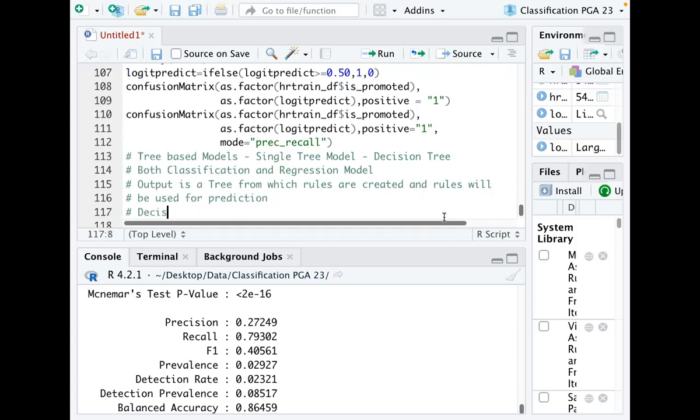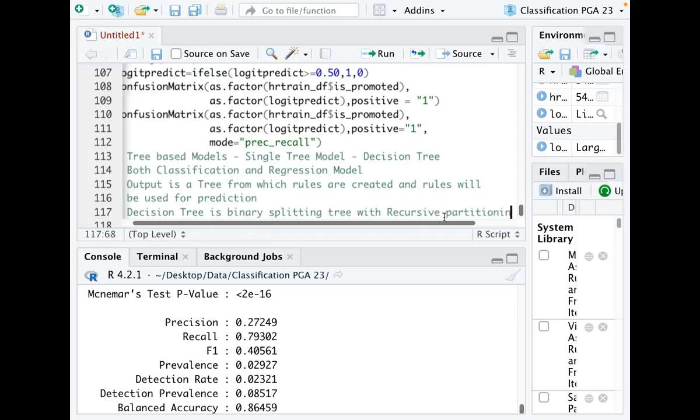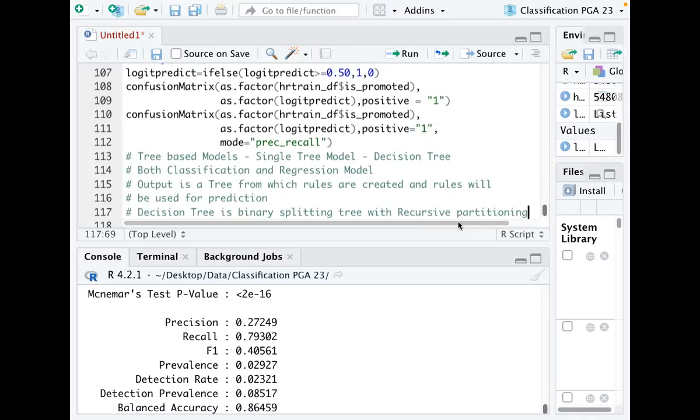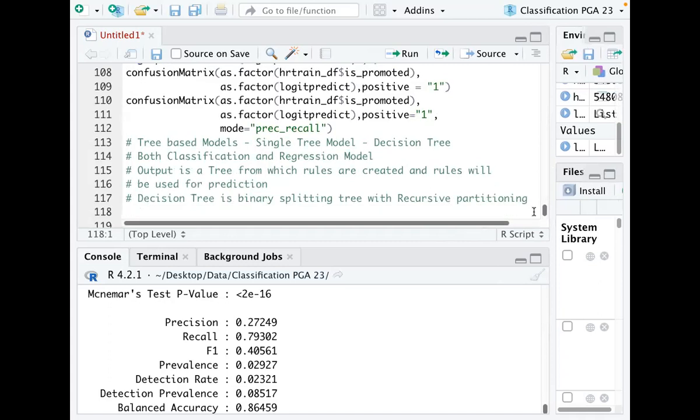Now, decision tree is a binary splitting tree with recursive partitioning.